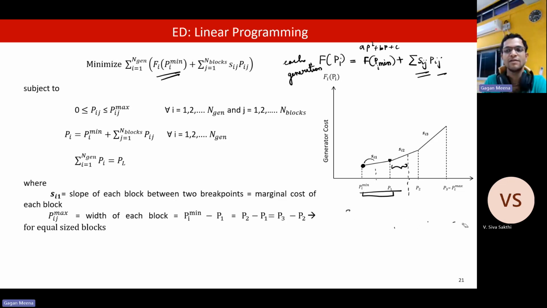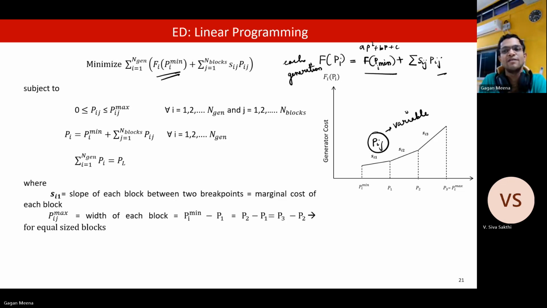Same thing is written here. We have these three segments and the total cost will be the minimum plus the sum of each of these individual segments. But now Pij is a variable here. Initially, when the quadratic cost curves were there, we had only three variables, P1, P2 and P3, one for each generator.